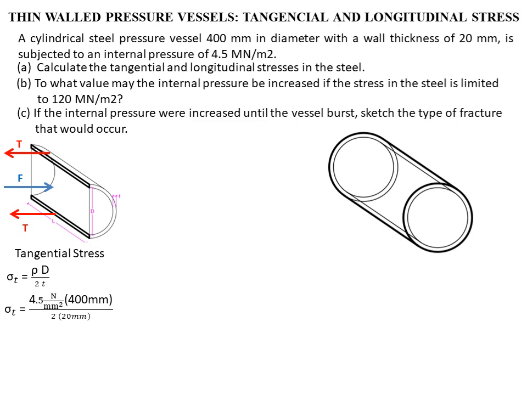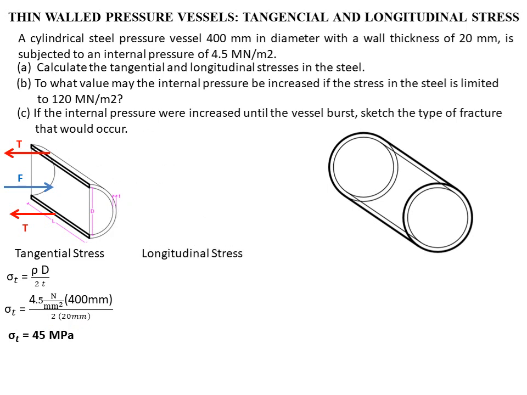Substituting, the pressure is 4.5 megapascal. 4.5 meganewton per square meter is the same as 4.5 newton per mm squared. We multiply it by the diameter, 400 millimeter, divided by 2 times the thickness of 20 mm. So the tangential stress is 45 megapascal.